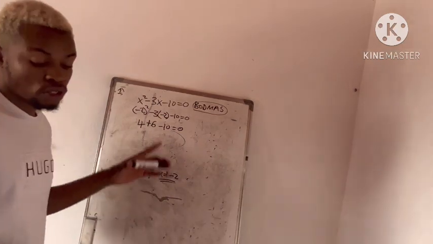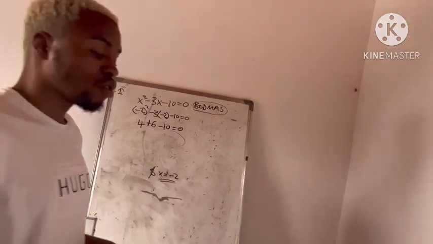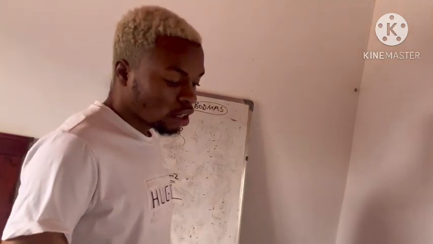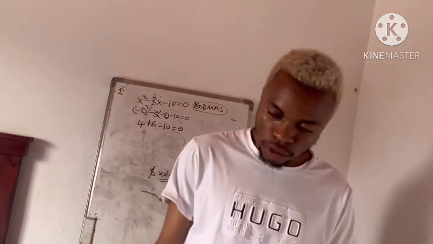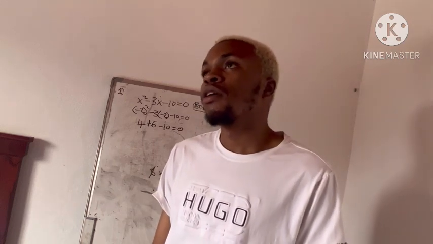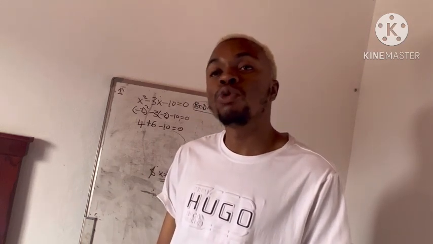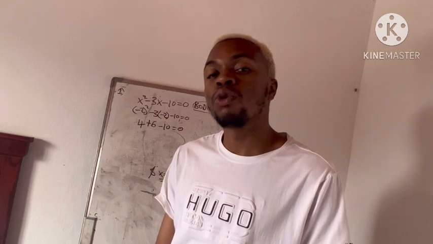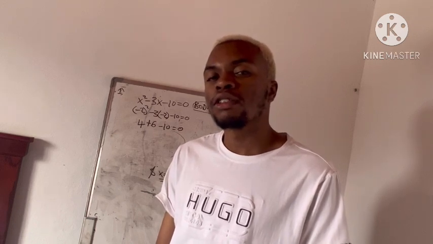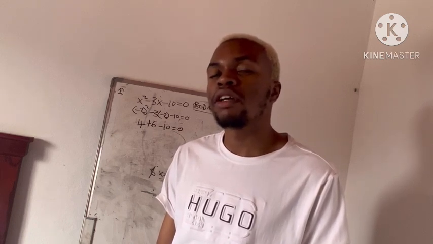I want you to always know about BODMAS and always follow it. In some instances, you might go against the rule of BODMAS and still get your solution right, but at times it might fail you if you do not follow the rule. So I need you to be very, very careful with that.